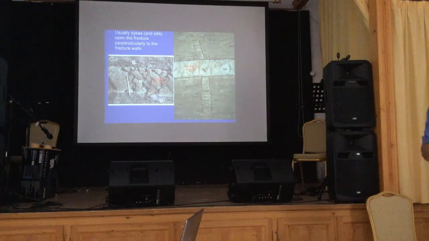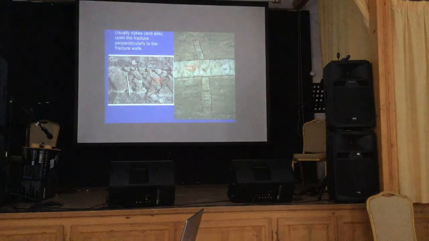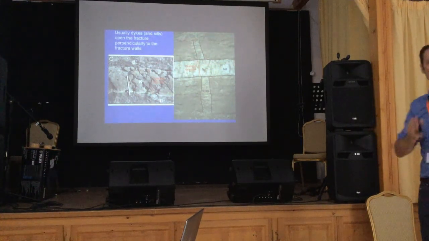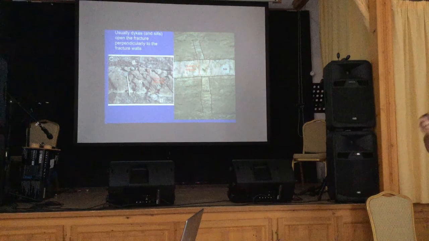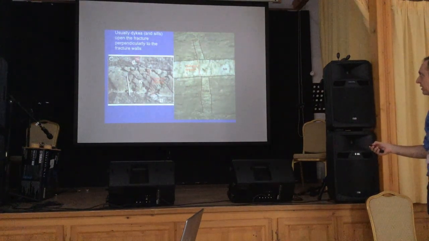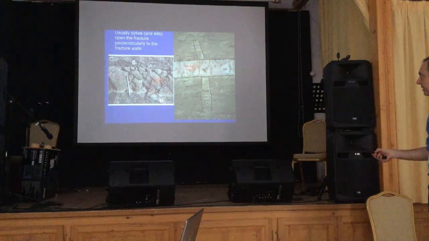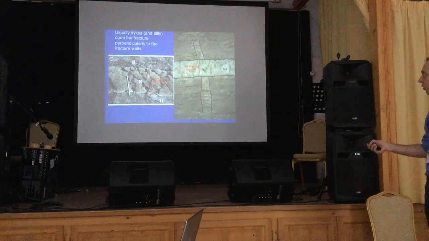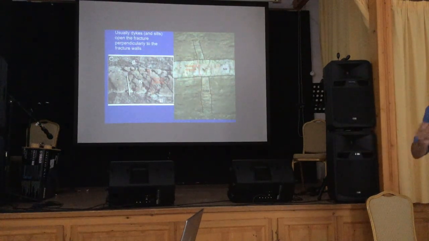And how does this magma open the fracture? Usually, again, there is a spectrum of possibility. Usually the magma opens the fracture perpendicular to the walls. This is a nice field example, again, to demonstrate this, because this is a pre-existing dike, this is another pre-existing dike, and you see this is the vector of displacement of this piercing point that should have been connected with this piercing point, and the magma intrusion opened the walls more or less perpendicular.